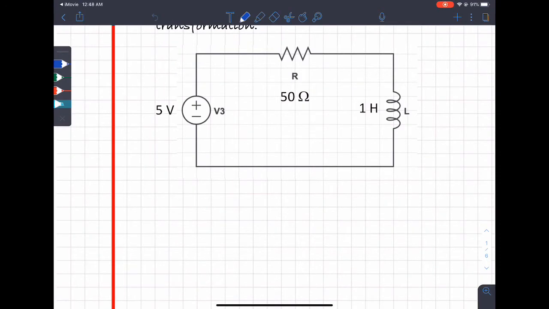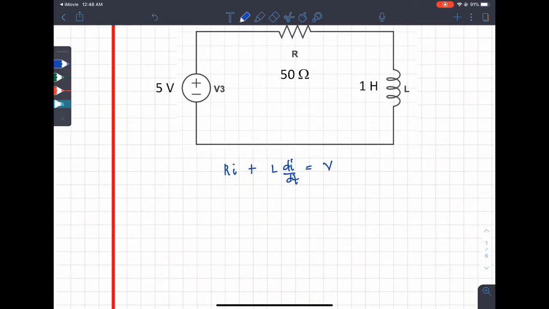In doing so, using the formula for series, we could apply KVL. It says that Ri plus L di over dt would be equal to V, the voltage source.